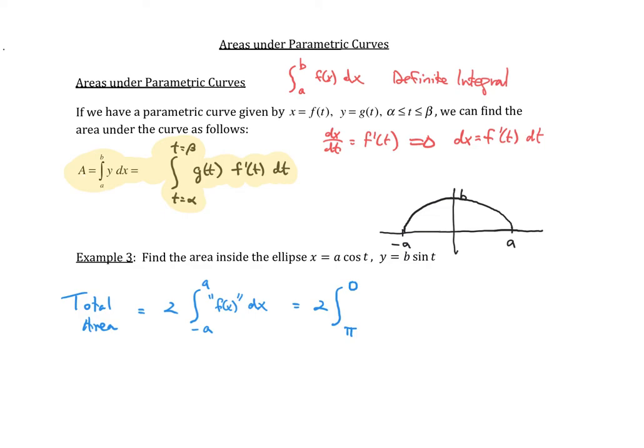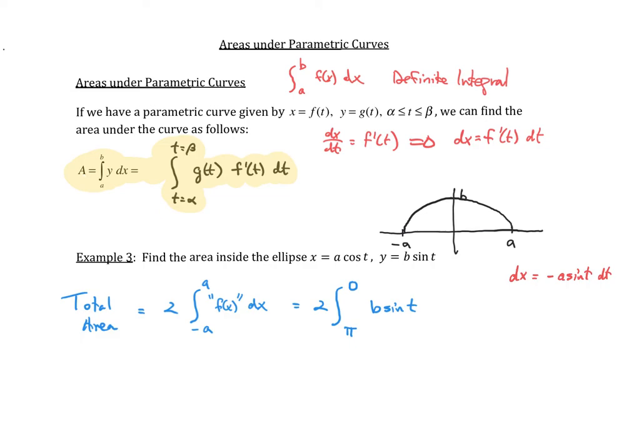Now we can see that we want to put our coordinate function for y inside for our integrand. So that's going to be b sine of t. I still need to replace the dx part. So let me calculate dx off to the side here in red. dx is going to be equal to the derivative of a cosine of t, which is negative a sine of t dt.